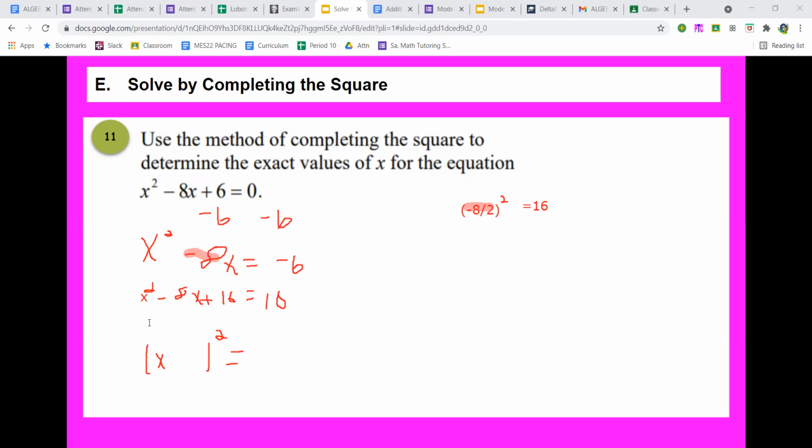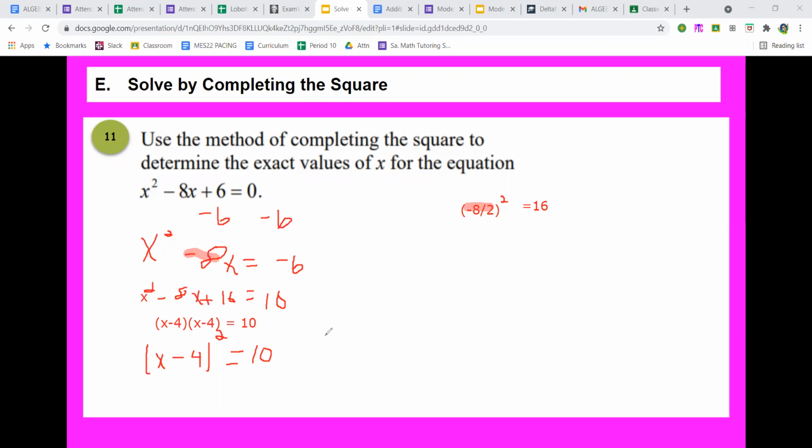That's going to be the value that we add or subtract. So it's x minus 4 times x minus 4, and that's equal to 10. So since I have a binomial times itself, I can now write that as x minus 4 squared equals 10.